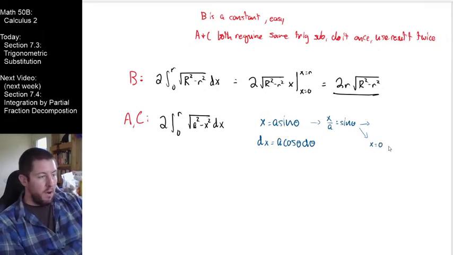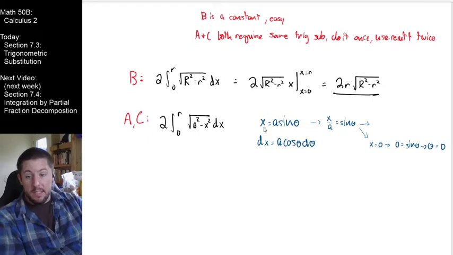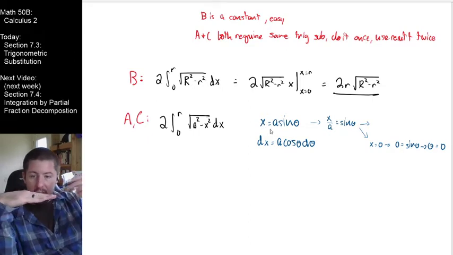If x is 0, then this is telling me that 0 equals sine theta. And that's going to tell me that theta is equal to 0 as well. So the bound down here of x equals 0, based on the substitution that I'm making, if you plug in x equals 0 and apply the inverse sine, sine inverse of 0 is 0 because at 0 radians, we have 0 height.